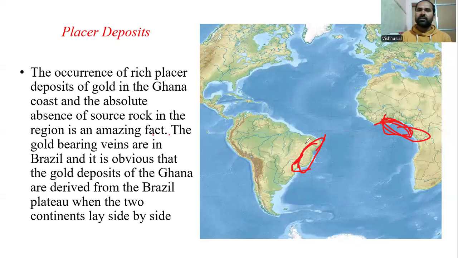When they separated, the gold deposits remained in the Ghana coast, even though there is a complete absence of source rock. So it can happen when both the continents lay side by side. Then only it can happen. Thank you.